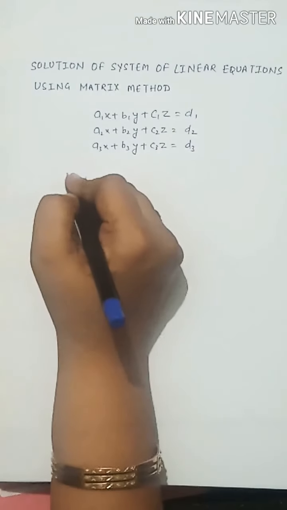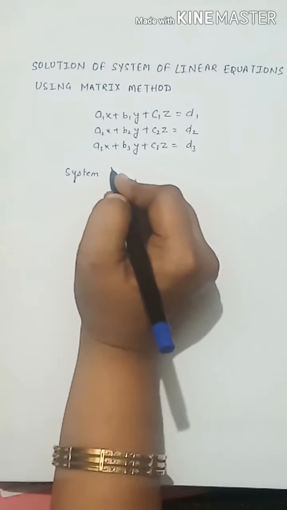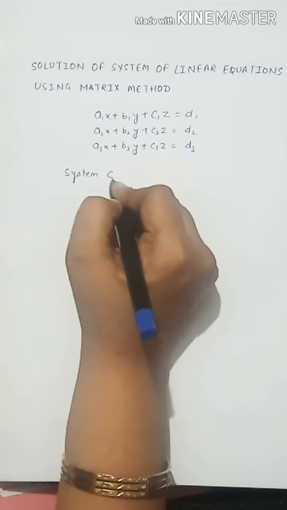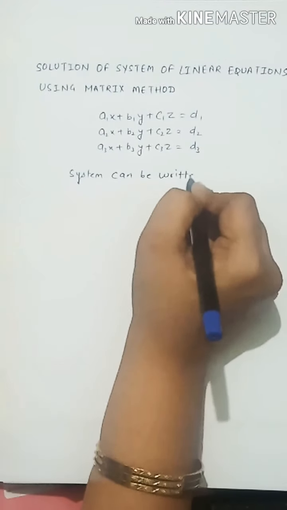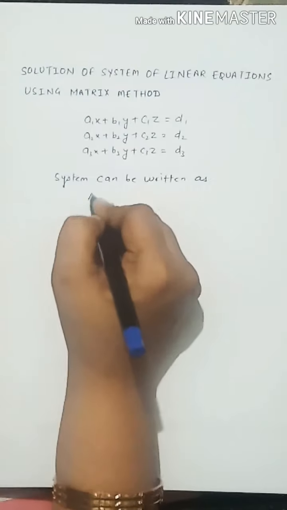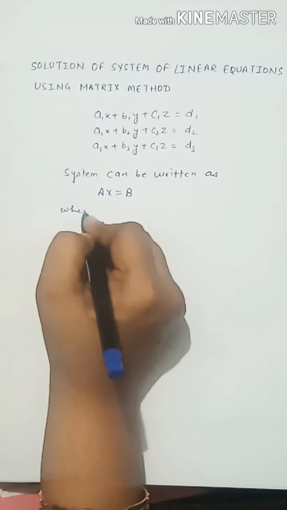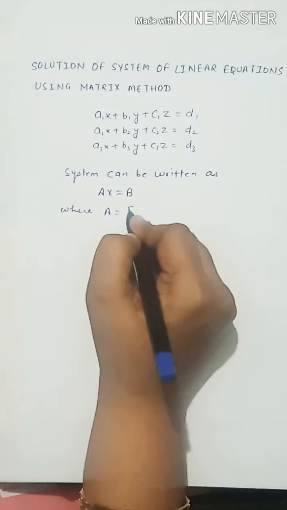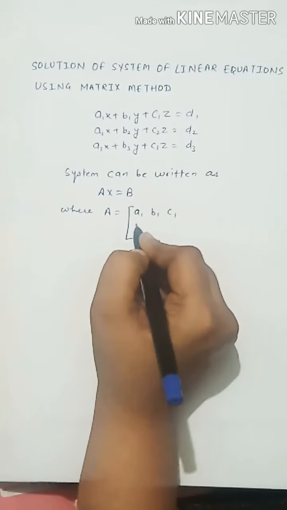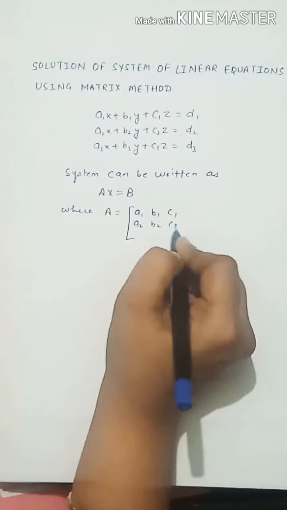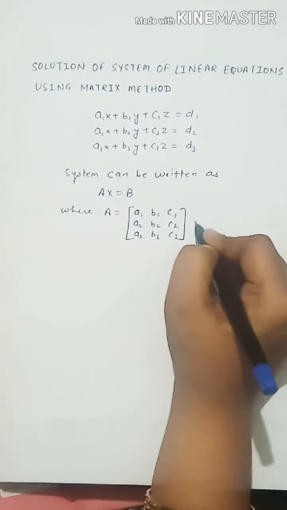Now this system can be written as AX is equal to B, where A is the matrix a1 b1 c1, a2 b2 c2 and a3 b3 c3.